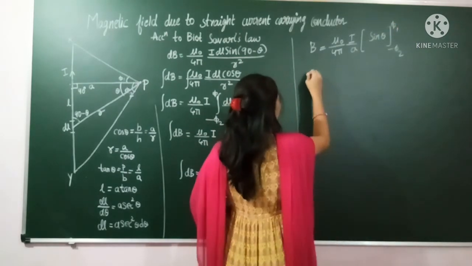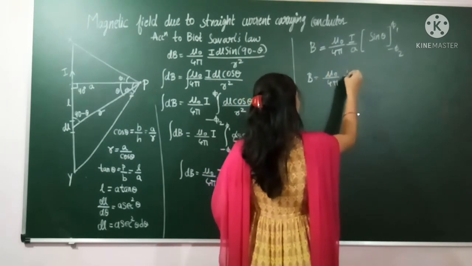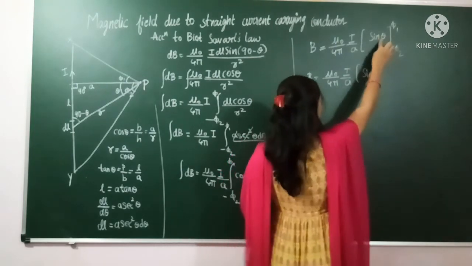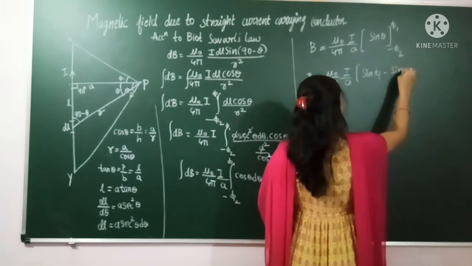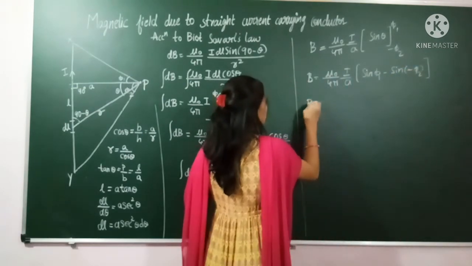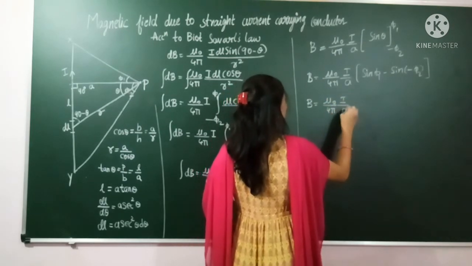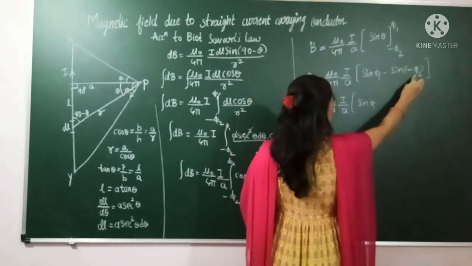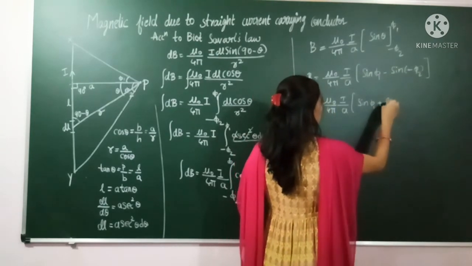So B is equal to mu naught divided by 4 pi, I divided by a. First in theta we substitute the upper limit, that is phi 1, minus sin of minus phi 2. So magnetic field B is equal to mu naught divided by 4 pi, I divided by a, sine of phi 1. Sine of minus theta can be written as minus sine theta, so minus minus becomes plus. So this is plus sine phi 2.